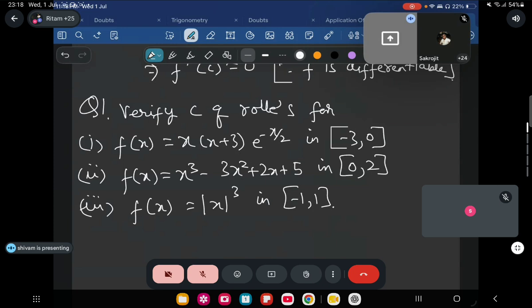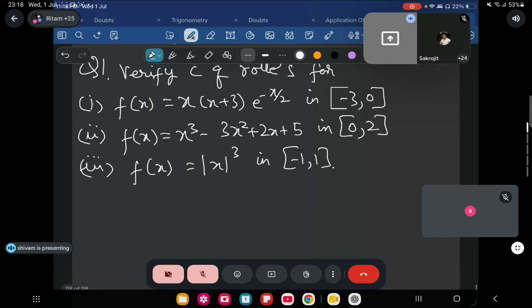Sakrit, part 1 is correct. Okay, let me start with part 1. Pay attention, everyone. F of x equal to x into x plus 3 into e to the power minus x by 2. Part 1 is very easy, everyone.